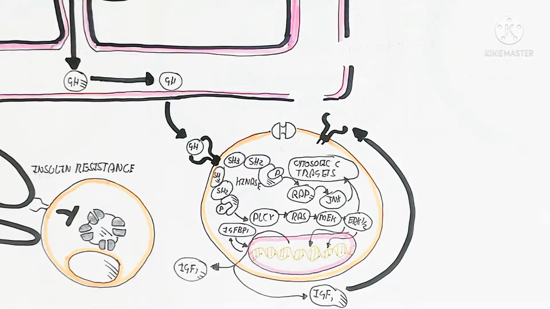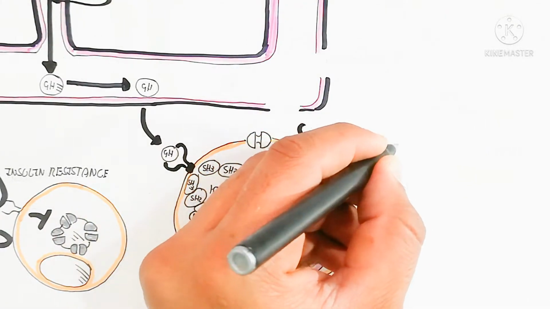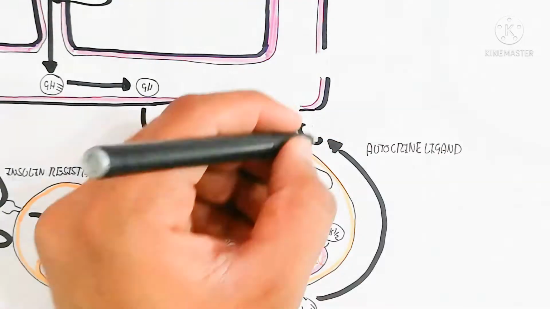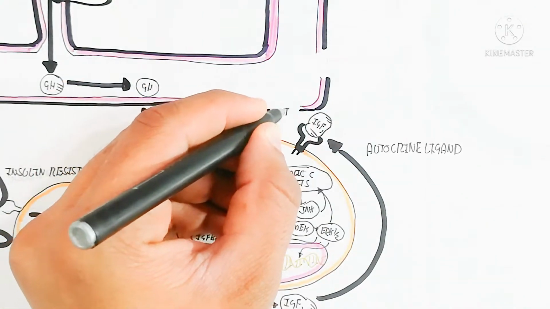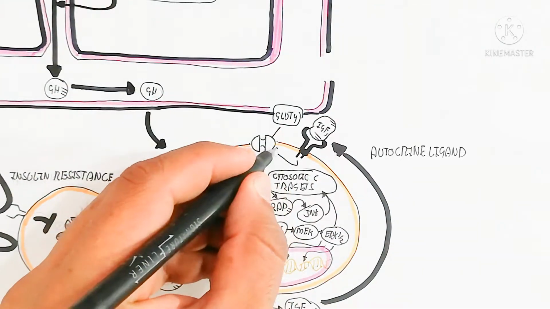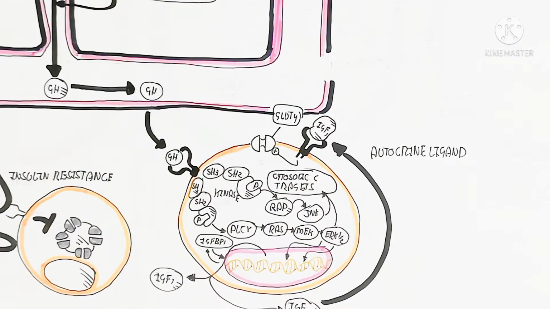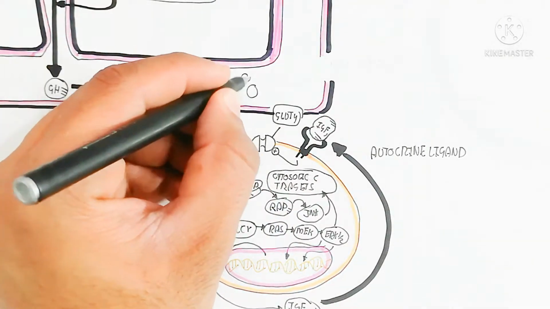All these things stimulate transcription of insulin-like growth factor 1. Eventually, the insulin-like growth factor binding protein will be released to enhance the autocrine ligand.